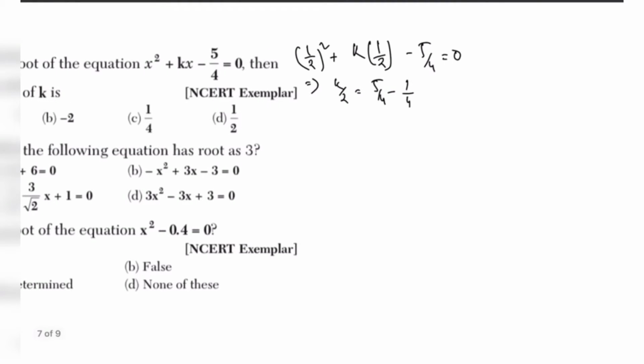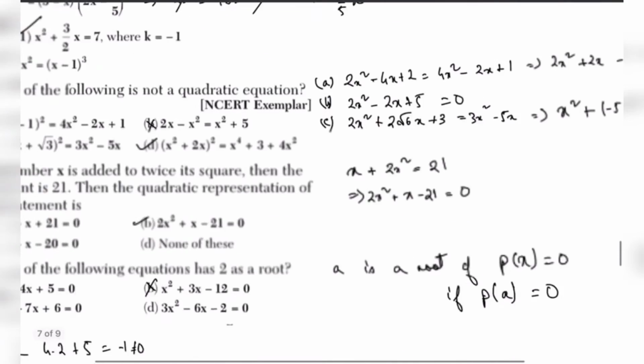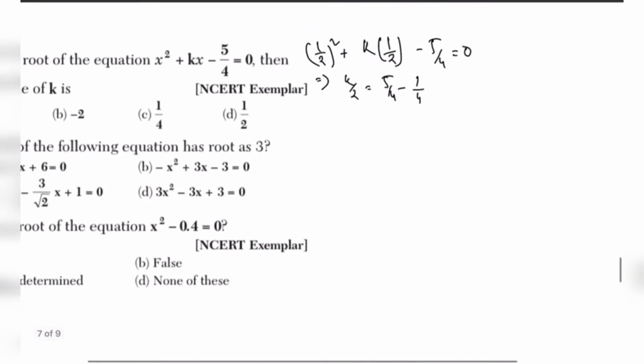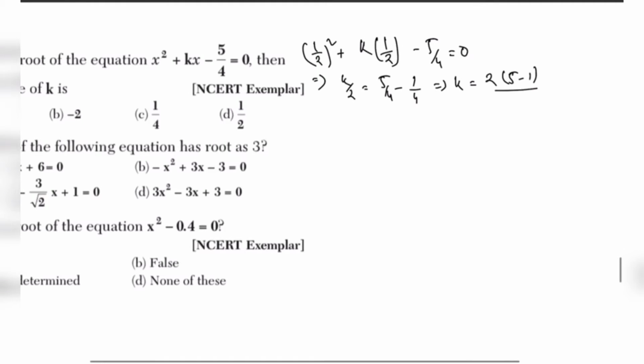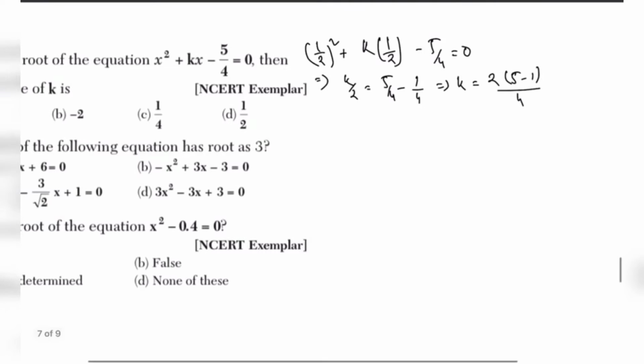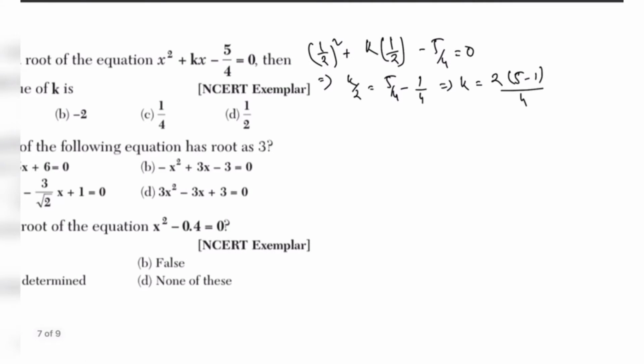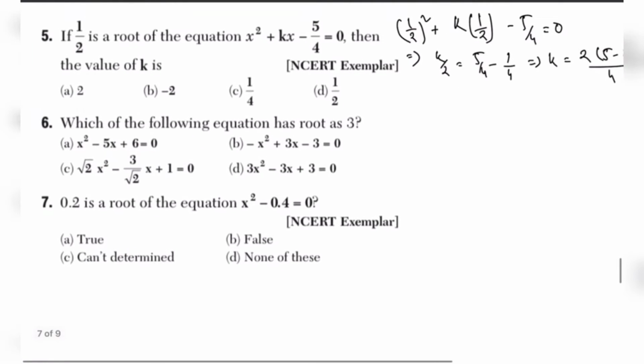So you get k equal to 2 into 5 minus 1 by 4, 5 minus 1 as I said is 4, so 4 and 4 get cancelled, k is 2, so this is your correct option.